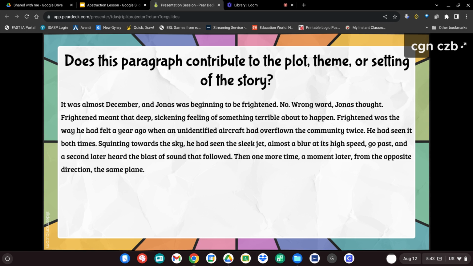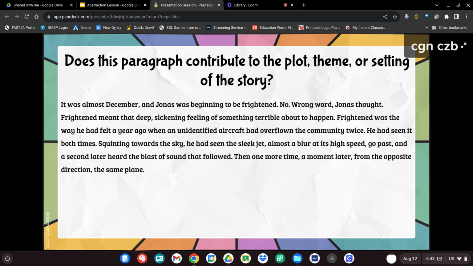It's that exposition, rising action, climax, falling action, resolution. 5 points of the story. The setting is the place and time it takes place, and a theme is an overall lesson in it.